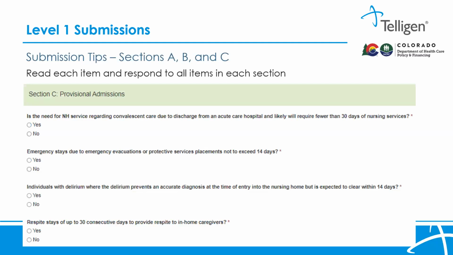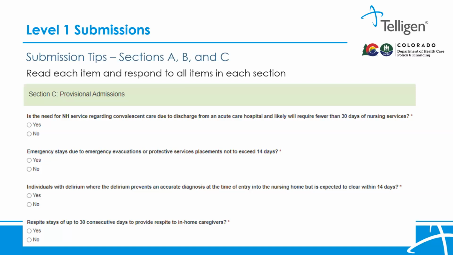Cassie also went over this, but for sections A, B, and C, please, please, please make sure that you read each question carefully and answer each question to the best of your knowledge. Qualitrac, as we just talked about, is going to require that some of the fields be completed. For the other ones that have pop-up boxes, again, just provide as much information as you can.